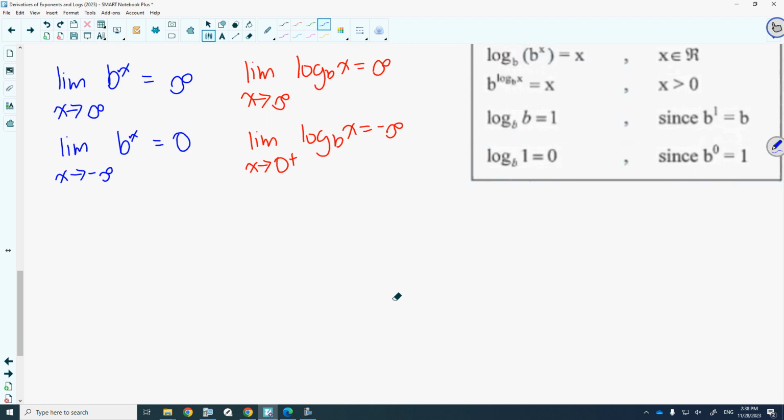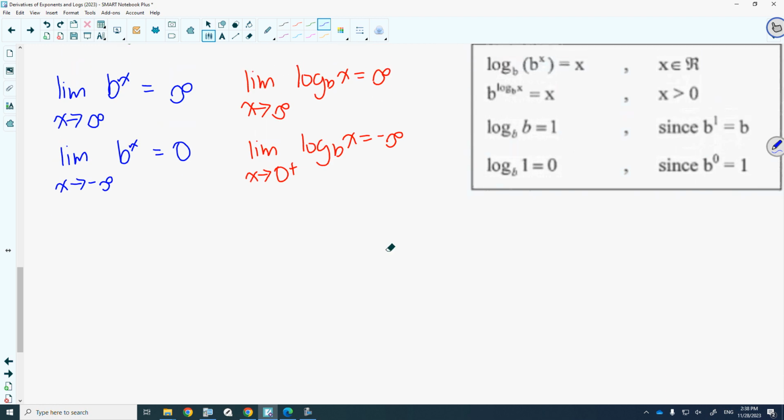A couple of other things to review. Write down 2 to the power of 3 is equal to, what's 2 to the power of 3 equal to? 8. How would you write this as a log? So 2 to the power of 3 is equal to 8.